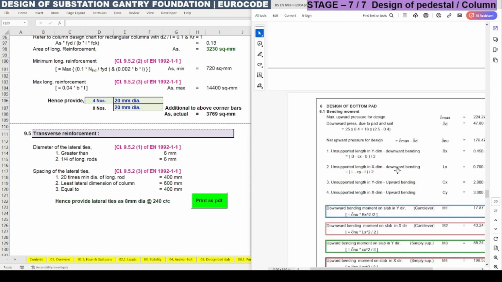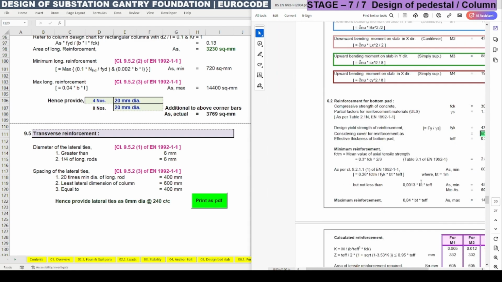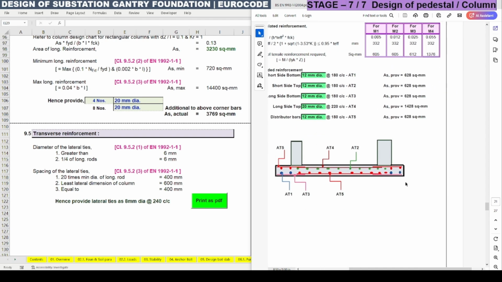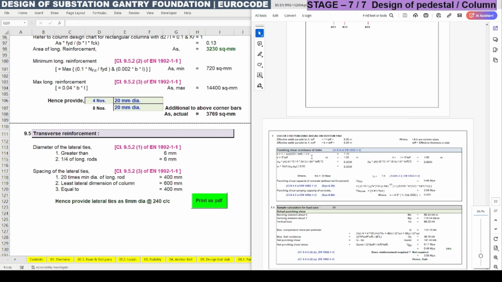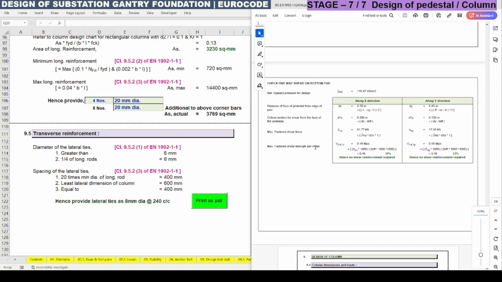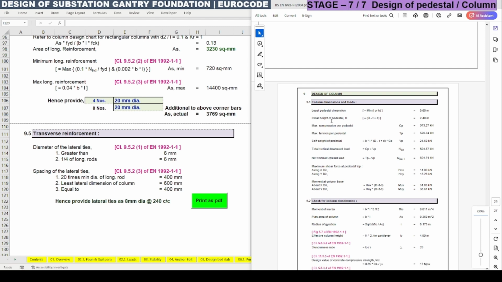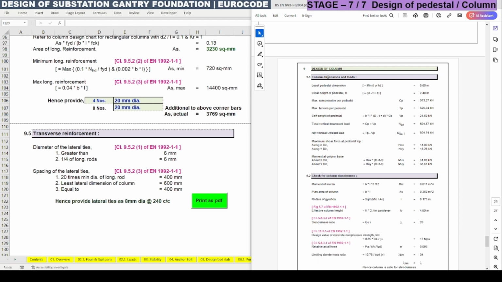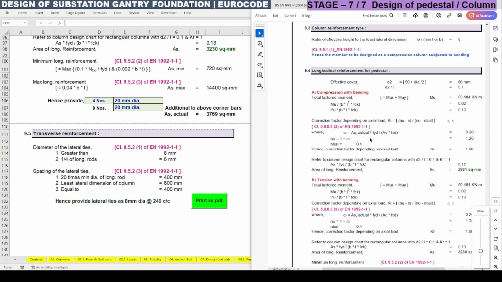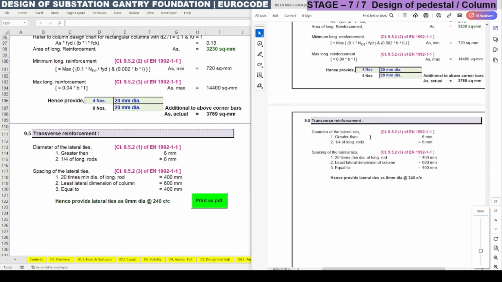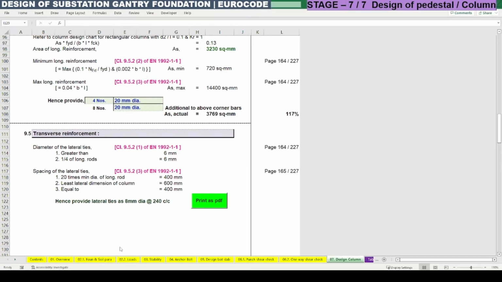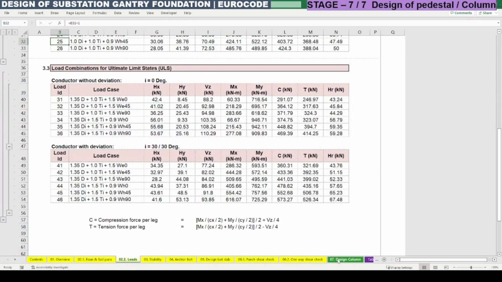Here you can see the design of bottom pad which we have seen in stage 5. This is the punching shear and one-way shear calculation we have seen in stage 6, and this final one is the design of column which we have seen in this last stage. All these are captured in that PDF.